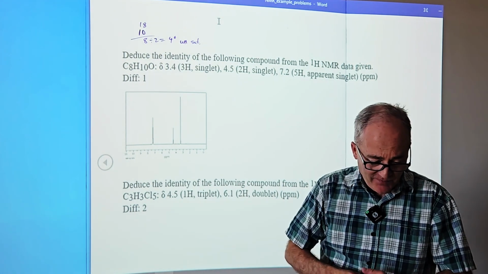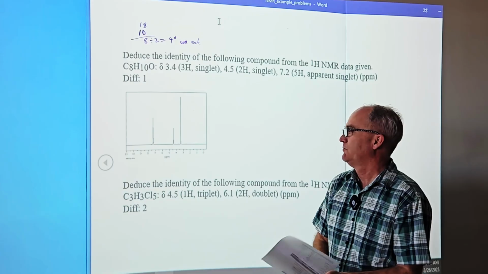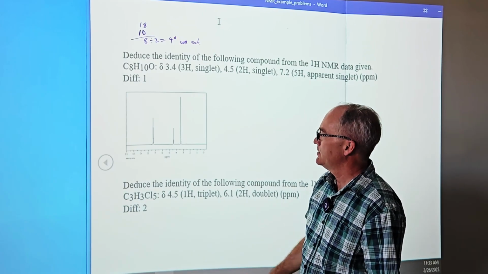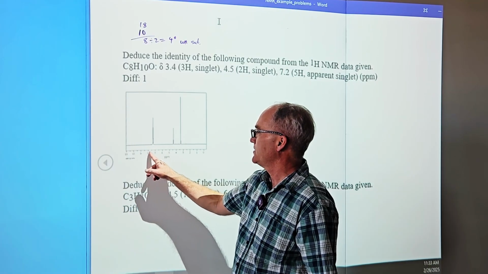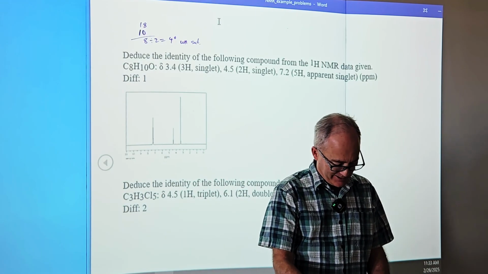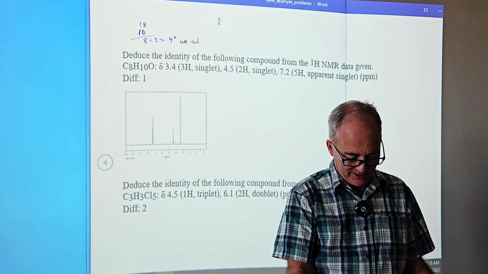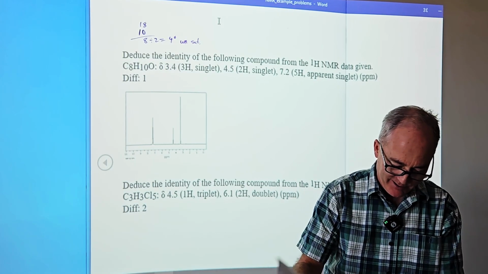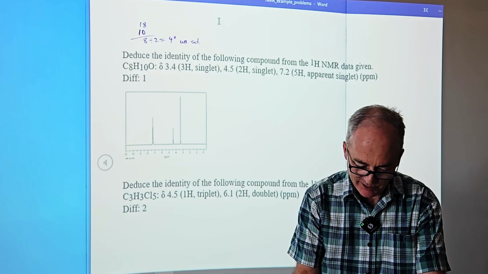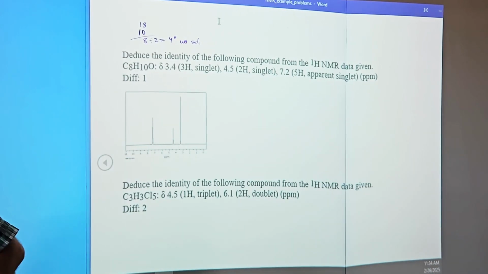So I gave you a shift table, and I also mentioned this in the lecture with the slides. Whenever I see some mess around 7, what do I think? Well, let's look at this. Approximately 7.2. I'm looking at a little different shift table than the one I gave you. Let me see if I can find the one I gave you.